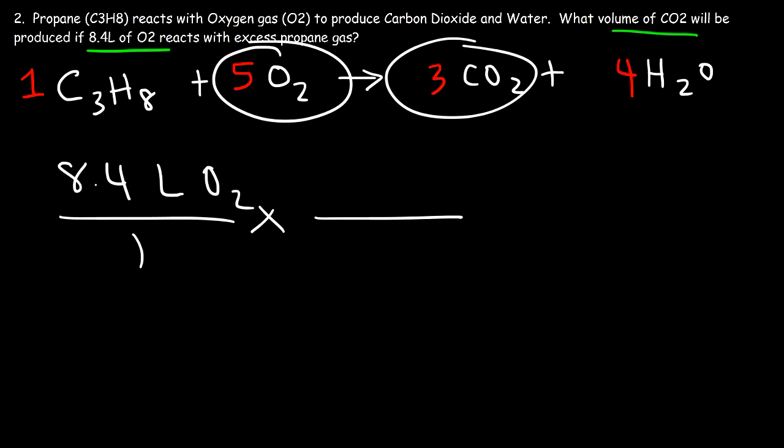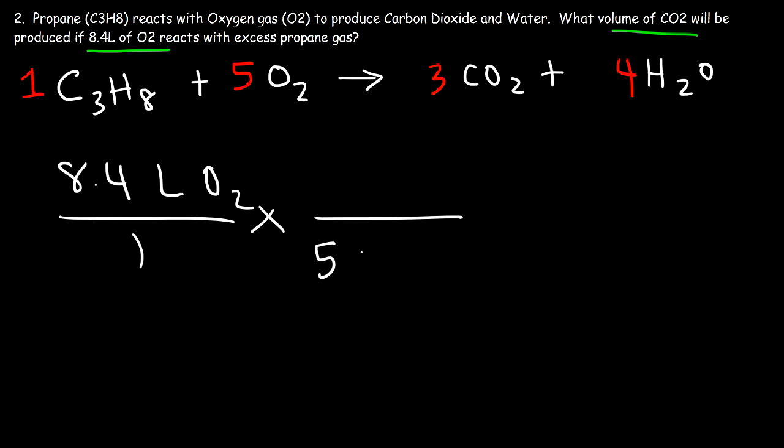And since moles are proportional to liters when dealing with gases, we could say that for every 5 liters of oxygen that reacts, 3 liters of CO2 will be produced. Keep in mind, 1 mole is equal to 22.4 liters. So moles and liters are proportional for gases. That's why you can do a liter to liter conversion and get the right answer.